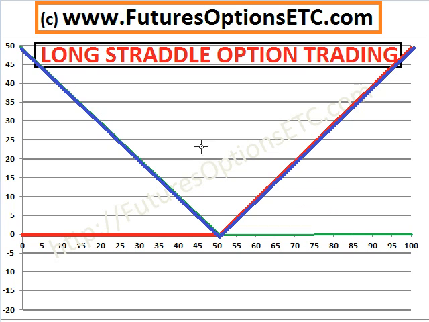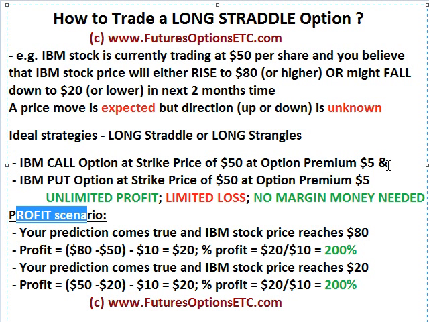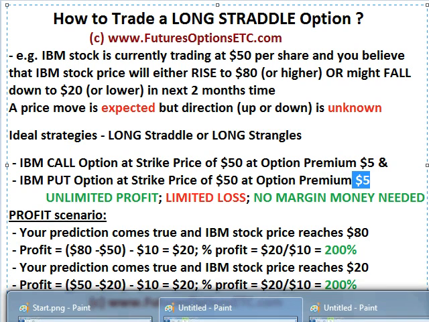Now this blue graph does not include the price that we have paid for these options. If you remember, we paid $5 for the long call and $5 for the long put, so the total is $10.